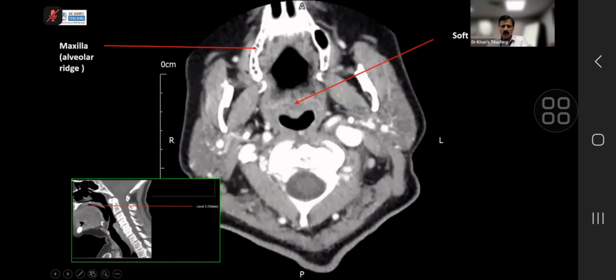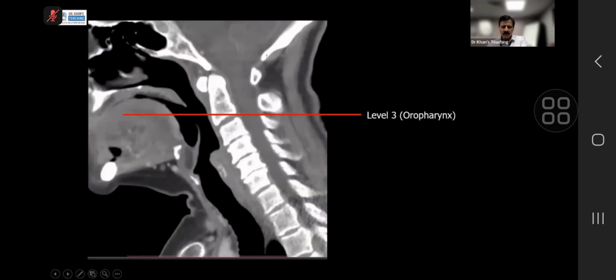And it gives you this confusing appearance. It all depends on your patient and how the slice is oriented. So don't get confused. This is the soft palate, the uvula here. A portion of the air, which is the air in the oral cavity, is visible here. This is the alveolar ridge of the maxilla.